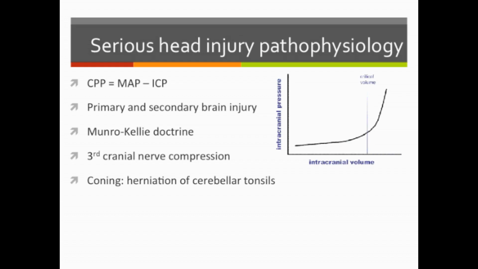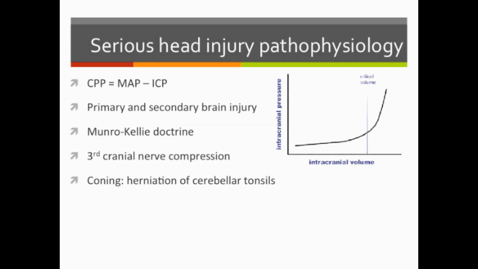It's important to realise that the intracranial vault is a closed cavity, and there's something called the Monro-Kellie doctrine that applies to the principle of raised intracranial pressure, and that's that there are some spaces, both the ventricles and the venous sinuses, which can be compressed as the intracranial pressure rises.